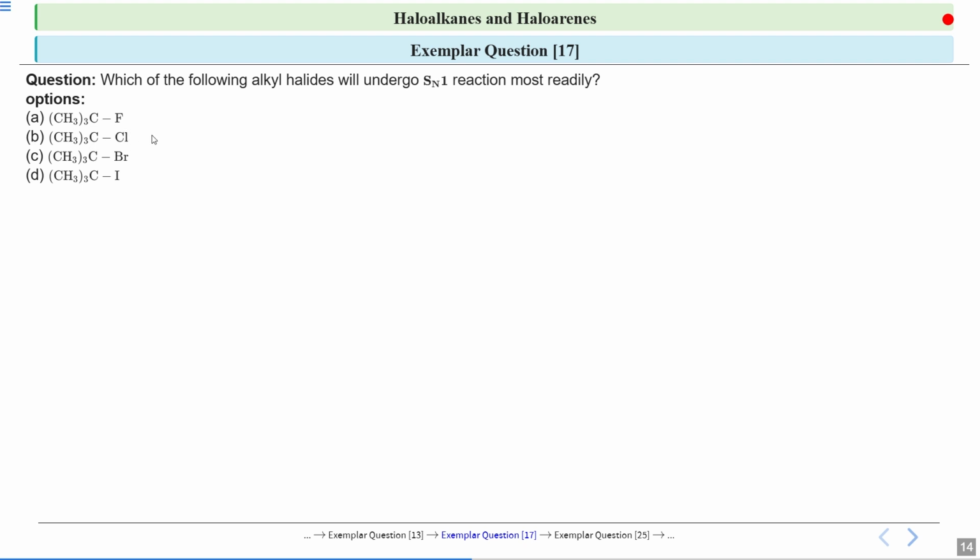CH3 whole thrice CCl, CH3 whole thrice CBr, or CH3 whole thrice CI. Try to observe the relationship between these different alkyl halides given. What is same, what is different, okay, and what we actually focus on while looking at the reaction rate of SN1 mechanism.